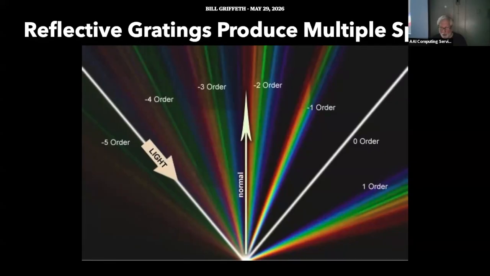For this reason, higher order spectra are used in astronomical spectrographs, even orders as high as 50 or 100. The colors resulting from a wide beam of white light can overlap. You can see that orders -3 and -4, and also -4 and -5, are beginning to overlap.